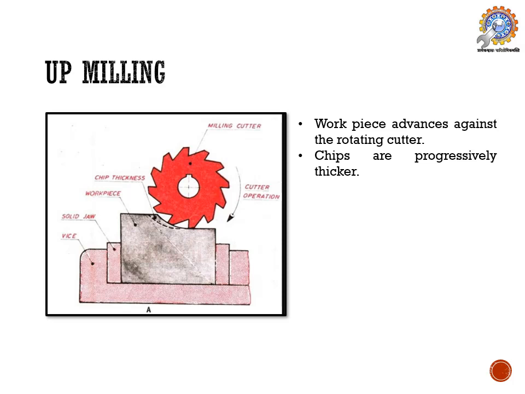Here the rotating cutter rotates in a clockwise direction, whereas the workpiece is fed from left to right. The vice is the work holding device, and the solid jaw holds the workpiece or job firmly. The workpiece is given as a metal blank. Then in chip thickness, you can see the maximum chip will be removed as the workpiece advances against the rotating cutter.